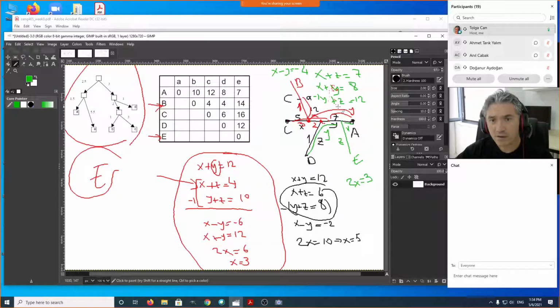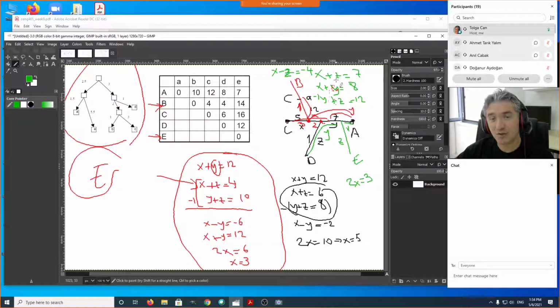Oh, sorry. I gave them different things, so I need to get rid of Y in this case. So yeah, you're getting rid of Y if you add these two. If you multiply this with minus 1, Y's cancel out each other, and this one becomes X minus Z. X minus Z is equal to minus 4.